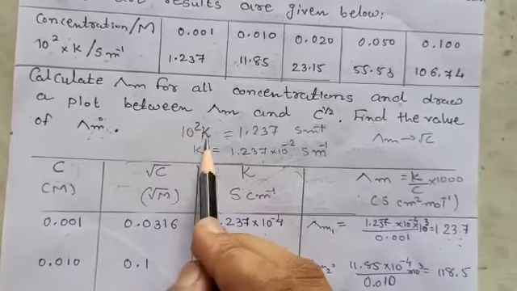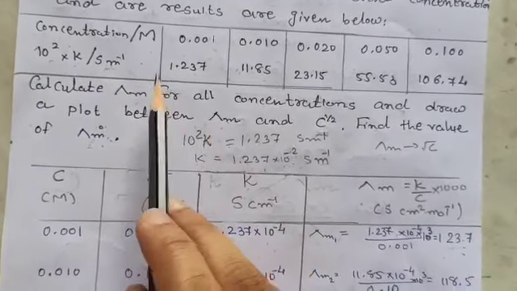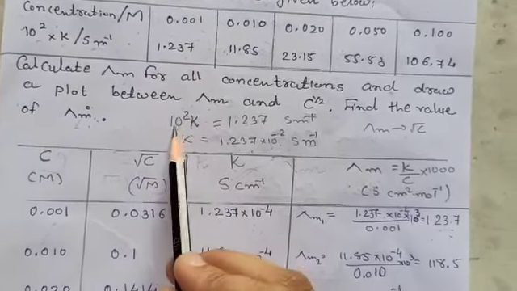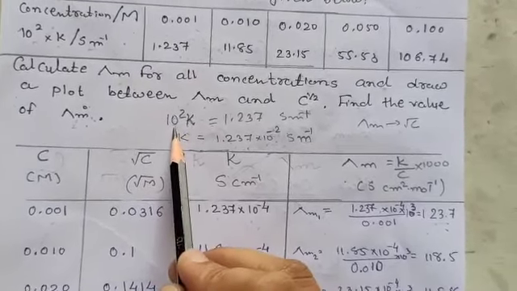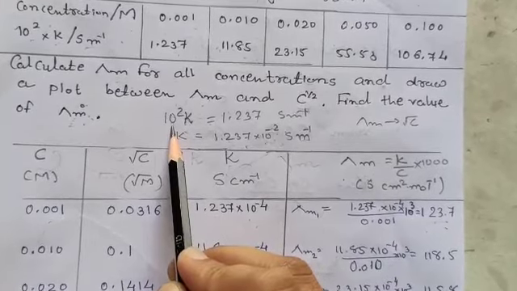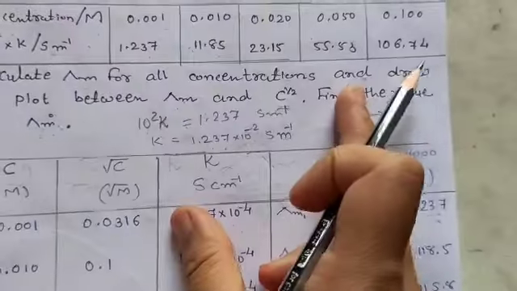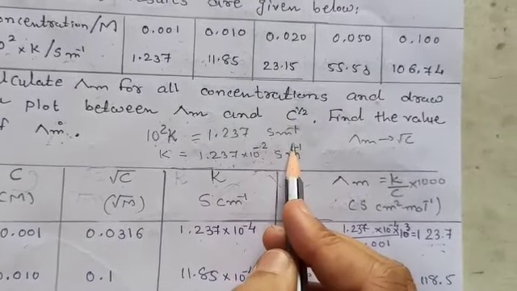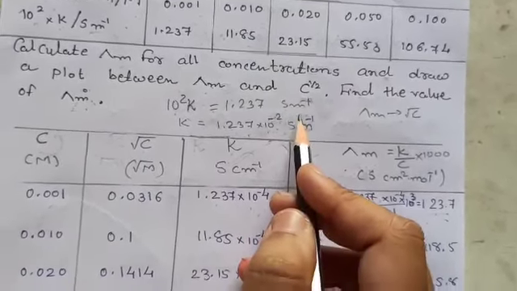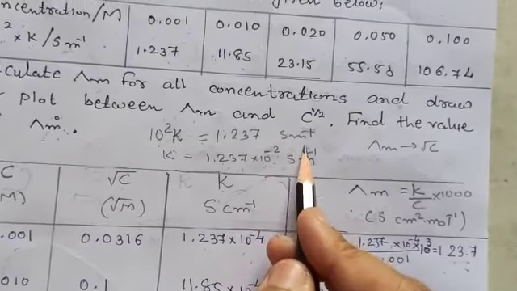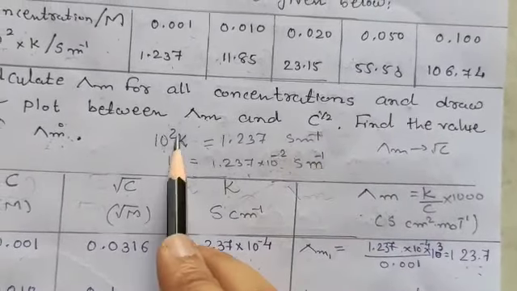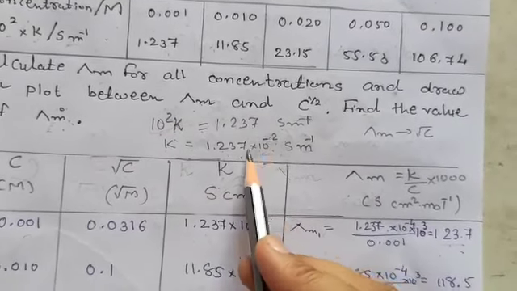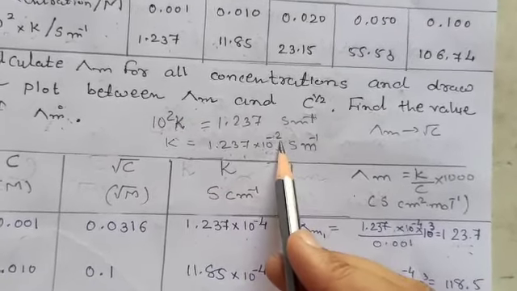If we take the first value, 1.237, then we can write 10 to the power 2 into conductivity equal to 1.237, and the unit is Siemens per meter. If we take 10 to the power 2 to the other side, it will be converted into 10 to the power minus 2.